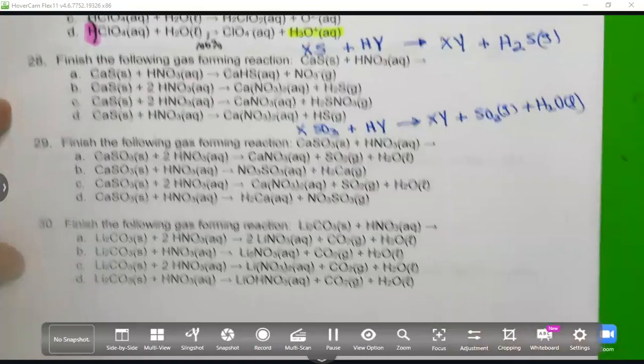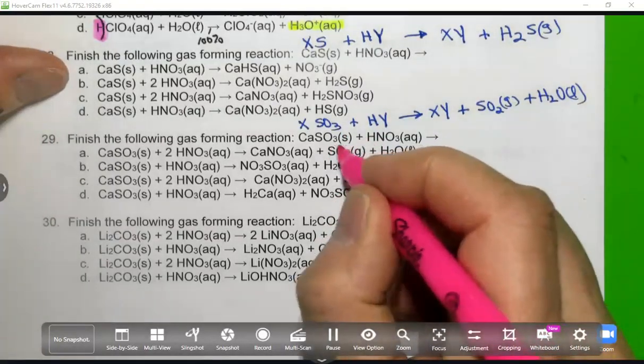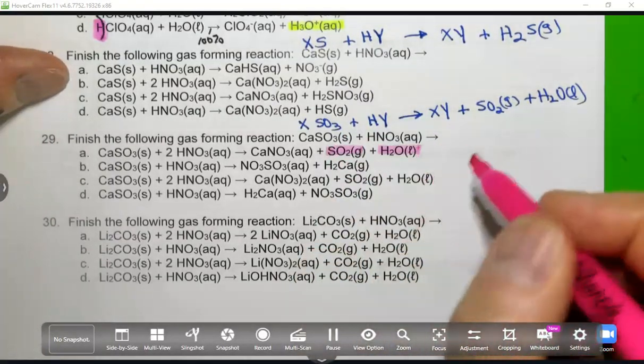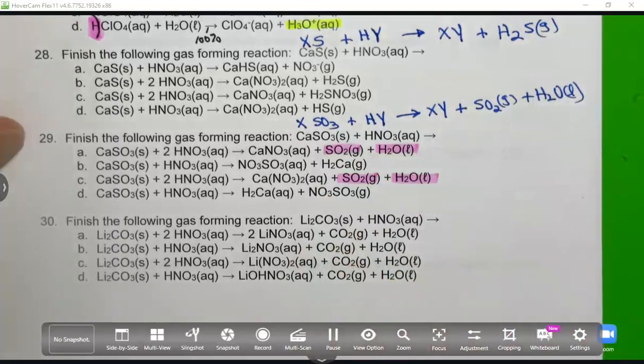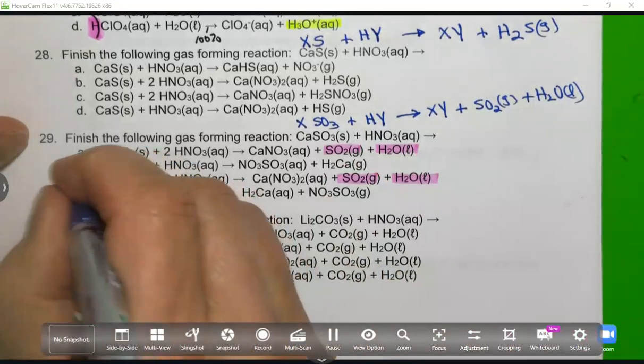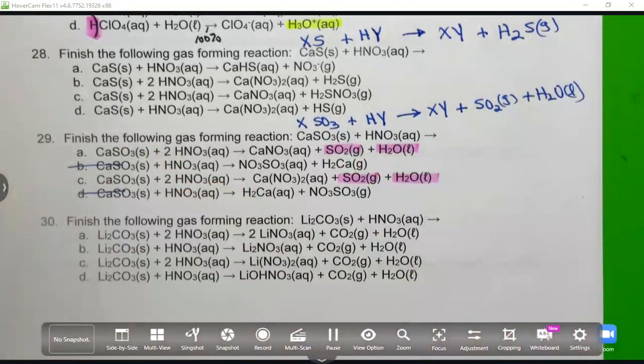That's our generic reaction that we should get. So it looks like we have 2 possibilities that match. This one produces SO2 and H2O, and this one produces SO2 and H2O, right? So B and D are just garbage, right?